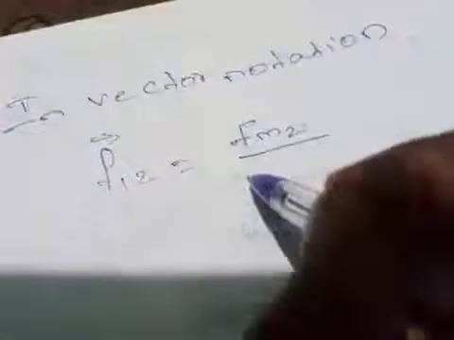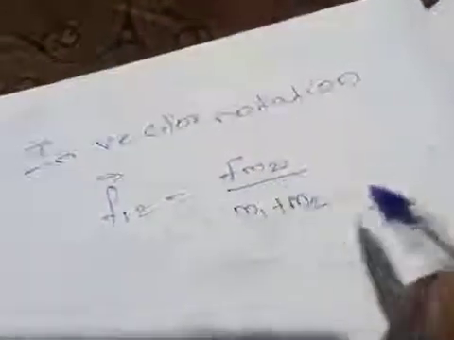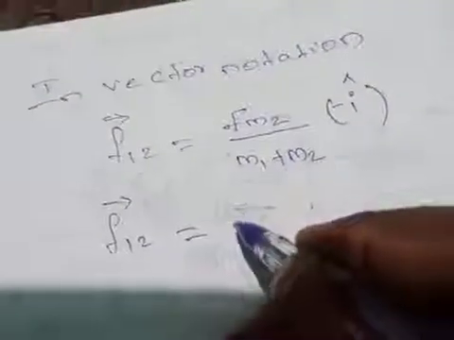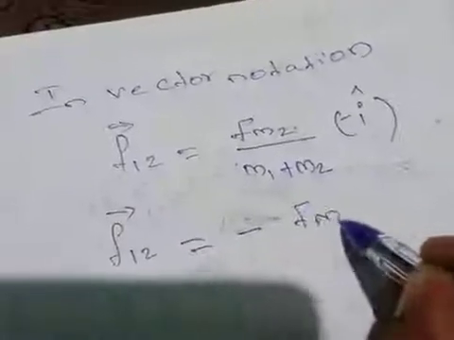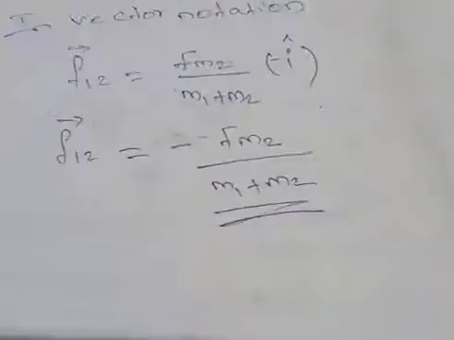Since F12 is acting in the negative x direction, we put the direction as minus i unit vector. So F vector 12 is minus F M2 by M1 plus M2.